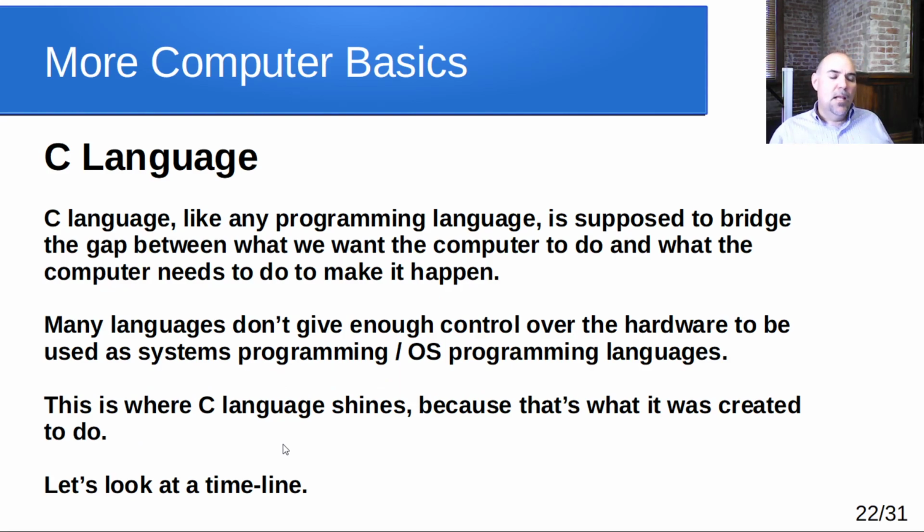Okay. The whole idea of any programming language is to bridge the gap between what you want the computer to do and what the computer needs to do to make it happen. A lot of languages are pretty good at that kind of thing.